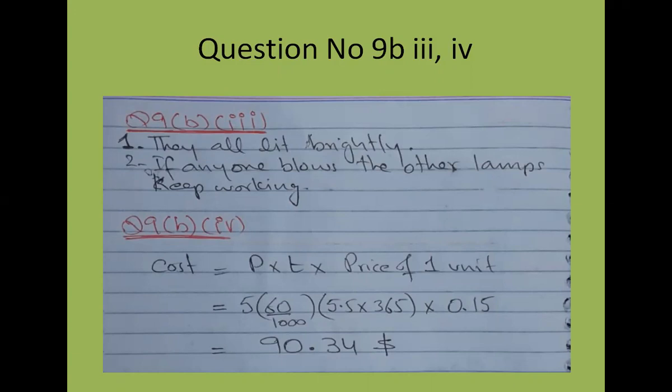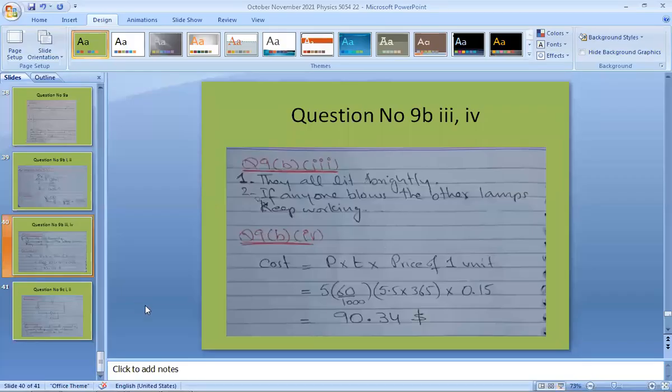The time is 5.5 hours a day, and there are 365 days in a year. So 5.5 multiplied by 365 and multiplied by 0.15. That's the cost of 1 kilowatt hour electric energy. When you enter them in your calculator, you will get $90.34. So your bill will be $90.34. Hopefully you understand this question.